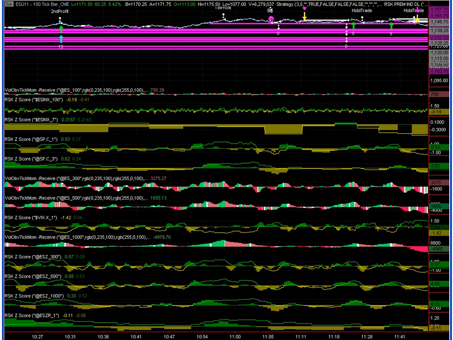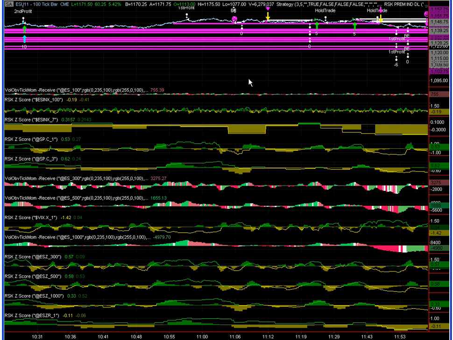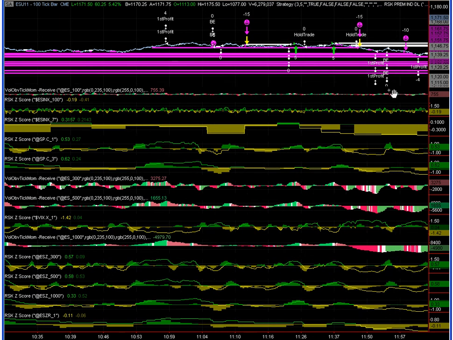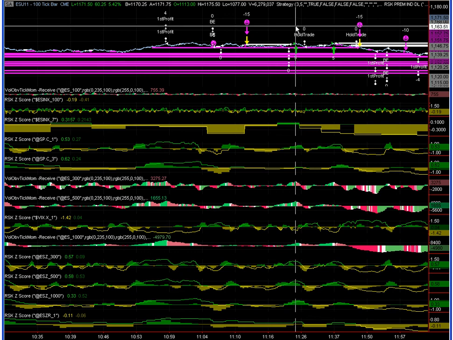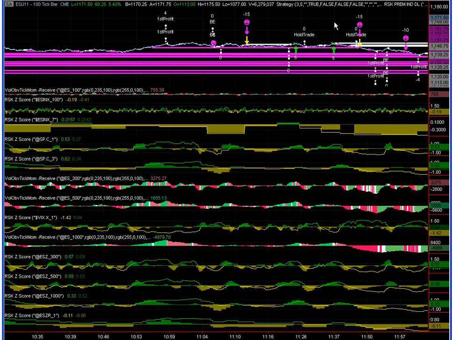And at the top of that move, premium is short. We got a couple of trades that go long. Not much happens there. But the overall direction now is short.